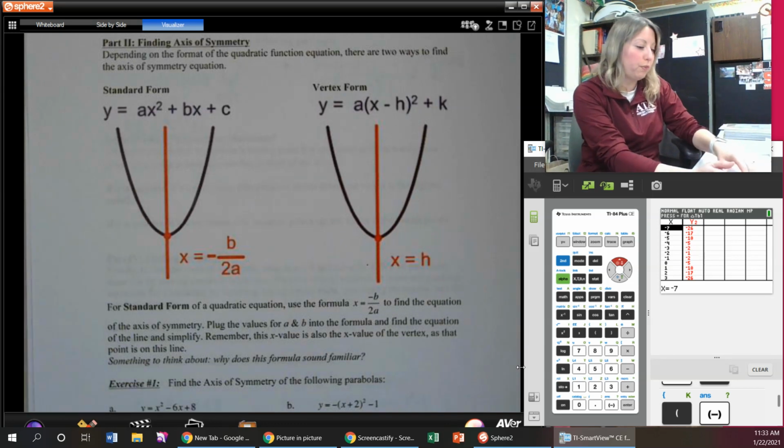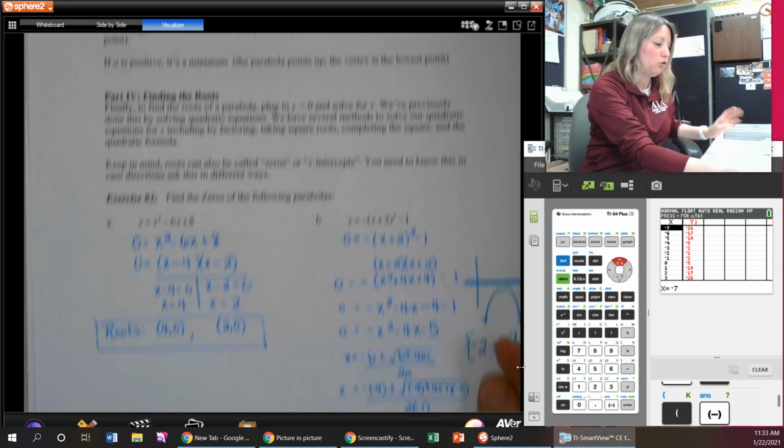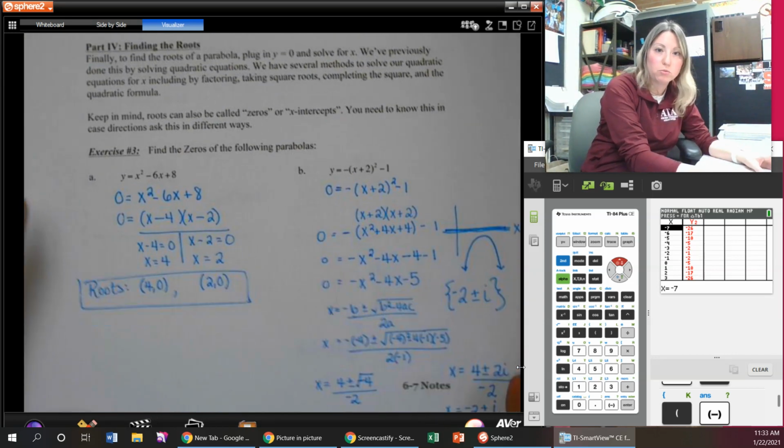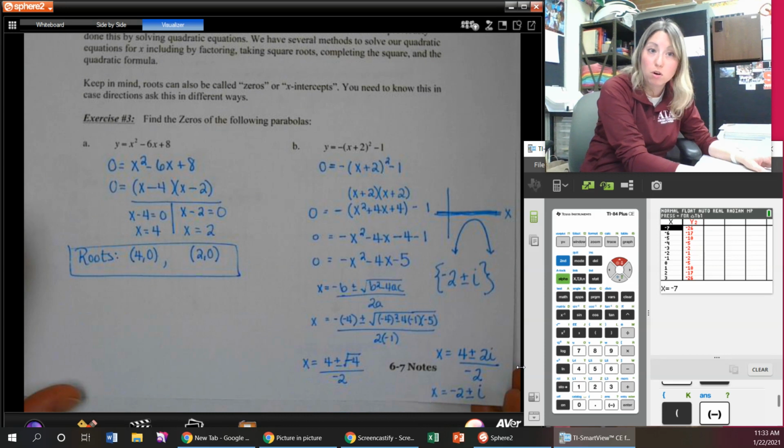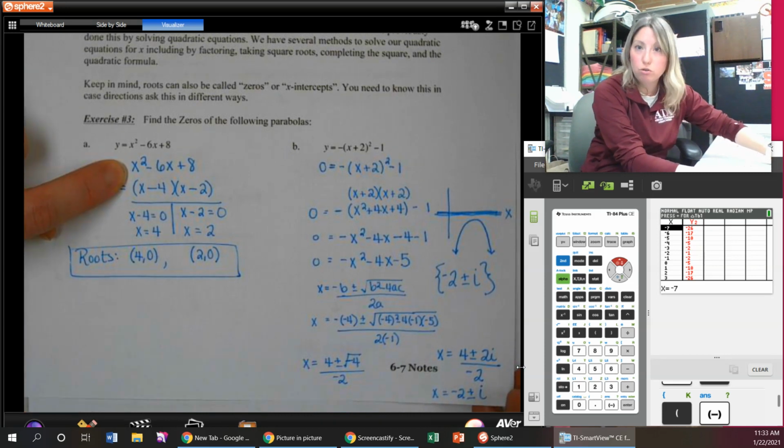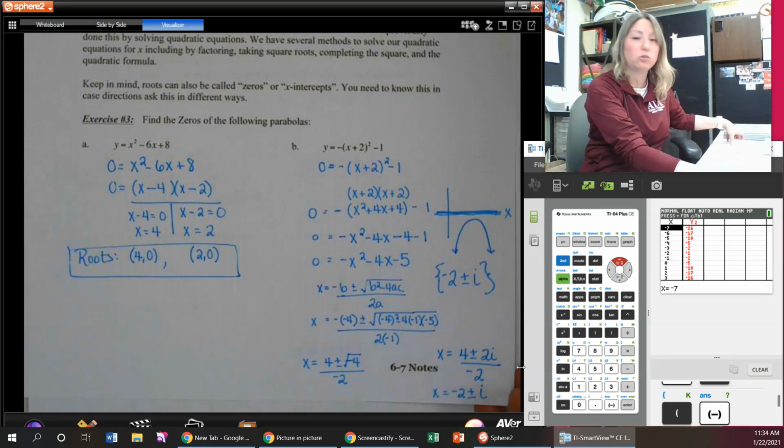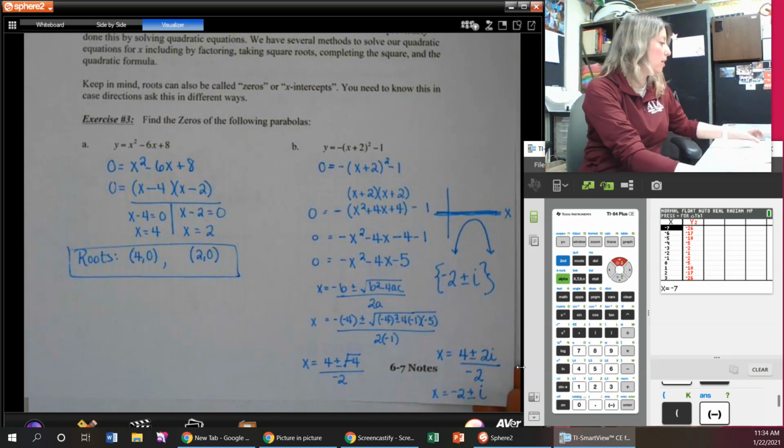When you go to find your roots, of course, change them into standard form so you can plug into the quadratic formula if you don't know it to be factorable. Okay, I would go with quadratic formula because we know that always works, right?